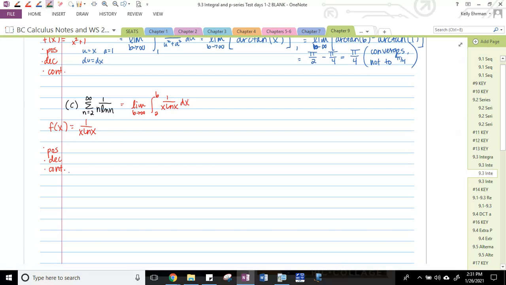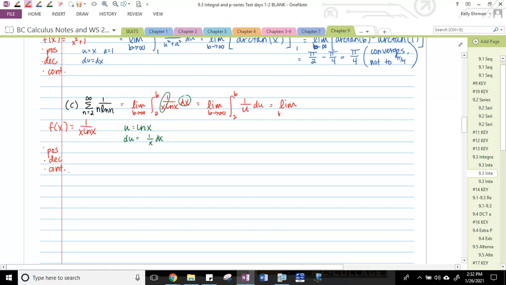Now this is a u sub because I can let u equal natural log x so that du equals 1 over x dx, which I have, 1 over x dx. So no extra adjustment needed on this. I am going to write it in terms of u before I integrate. So it's the limit as b approaches infinity of the integral from 2 to b of 1 over u du.